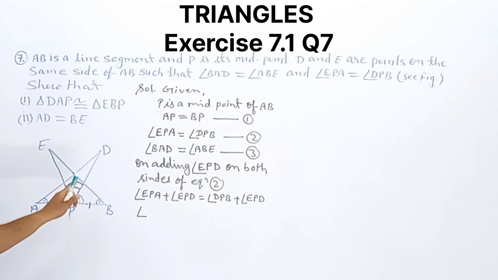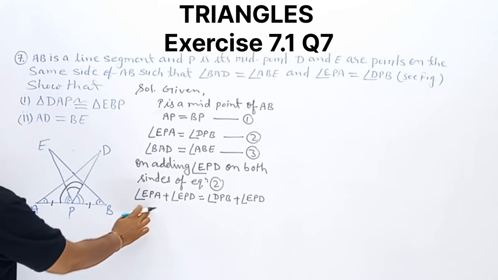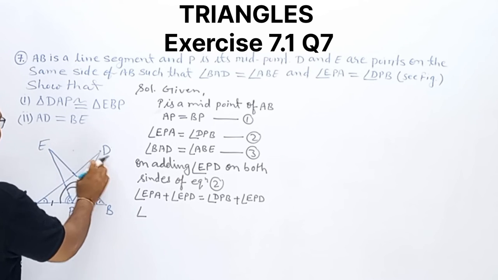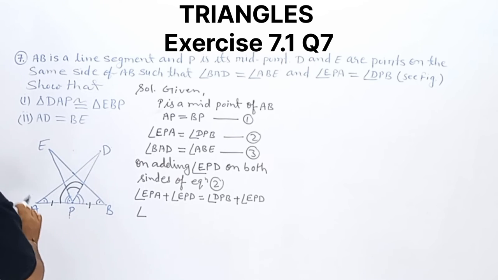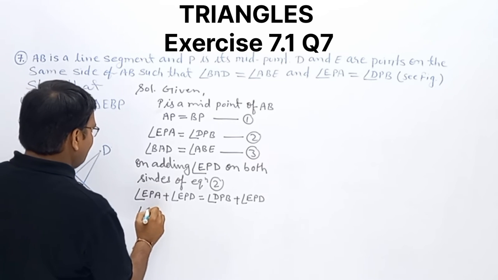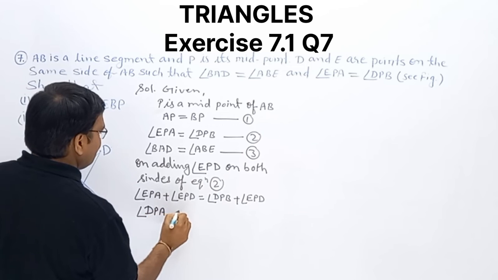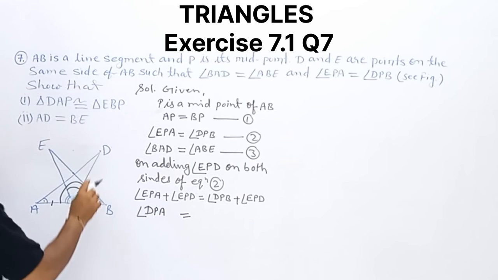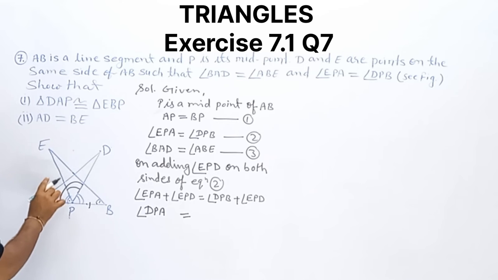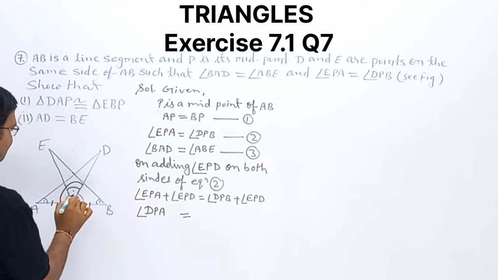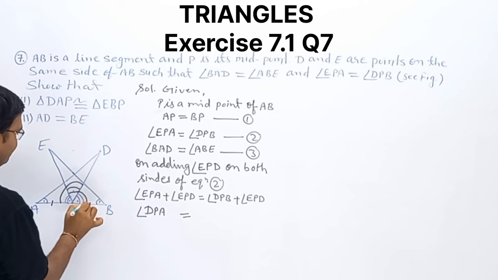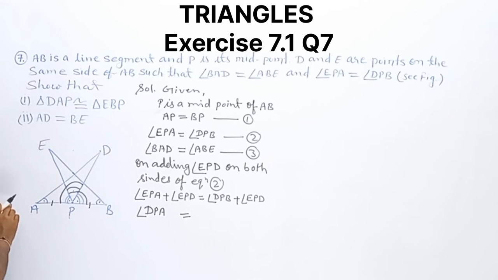So EPA plus EPD will be APD, or we can say DPA. So DPA equals this one, DPB plus EPD, this angle plus this angle. What angle are we getting? We are getting this one. Yes or no?